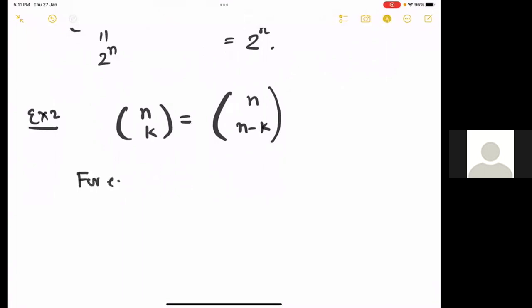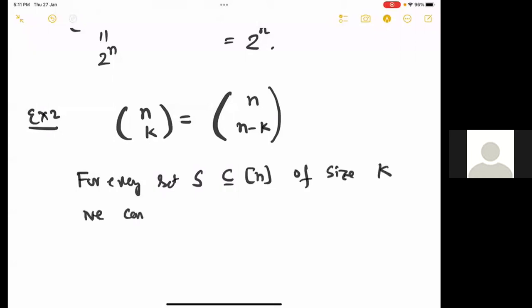For every set S of size k, you can associate T, which is the complement of S, of size n minus k. That's the association, that's the bijection. The left-hand side counts the number of subsets of size k, and the right-hand side counts the number of subsets of size n minus k. There is a bijection, so they're equal.